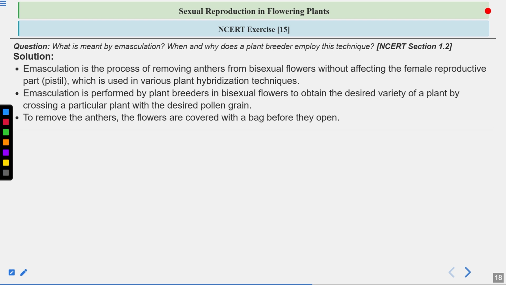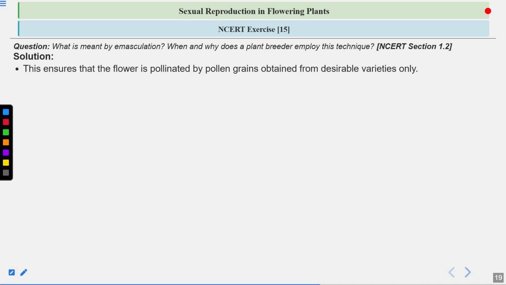So you remove the anthers from the flower and cover it with the bag before they open. This ensures that the flower is pollinated by the pollen grains obtained from the desirable varieties only. This is the surety that only this pollen grain is coming to the stigma, right?